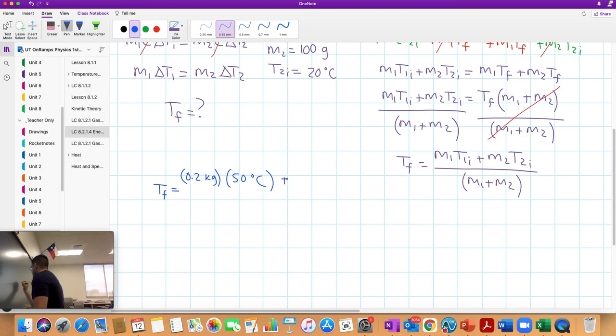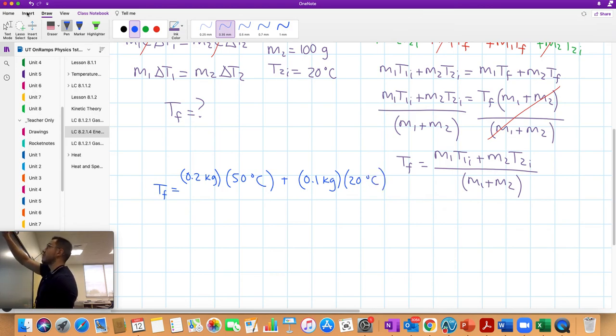plus mass 2, which was 100 grams, that is 0.1 kilograms, times temperature 2 initial, which was 20 degrees Celsius.